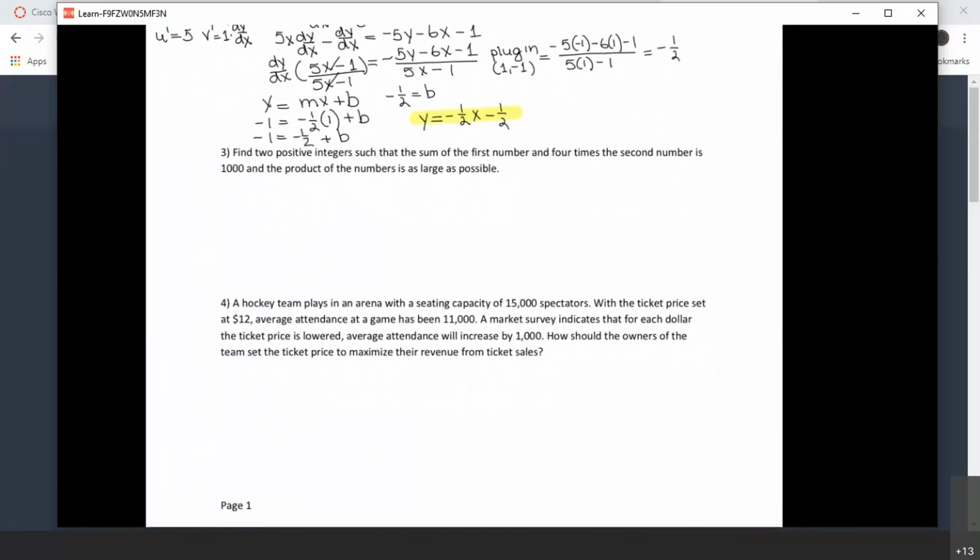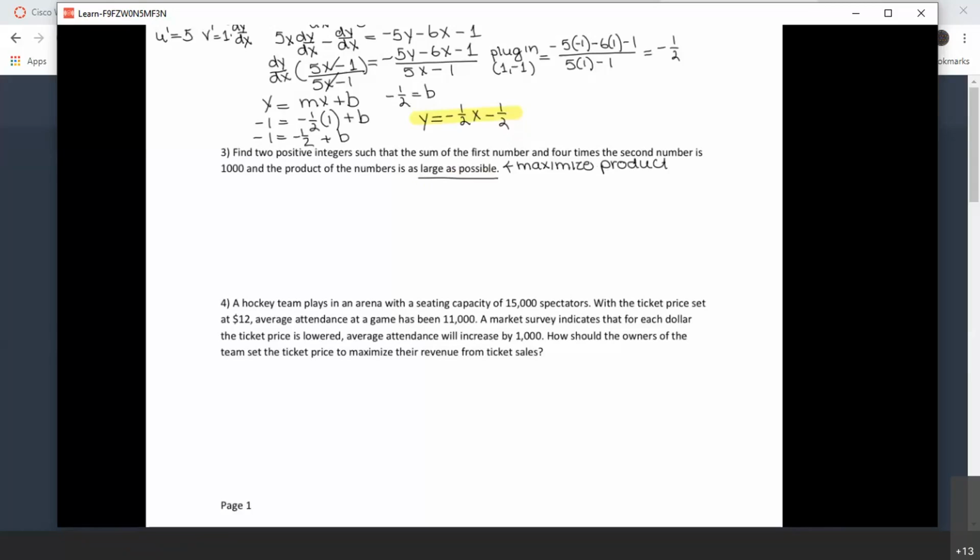Find 2 positive integers such that the sum of the first number and 4 times the second number is 1,000, and the product of the numbers is as large as possible. Okay, so large as possible. Another word for that is maximize. Maximize is something we know how to do with calculus, right?